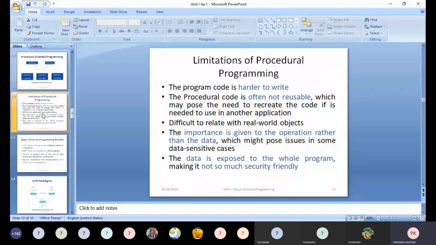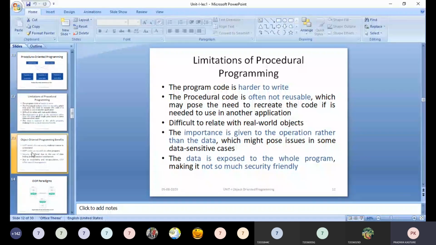That is again a problem. The next problem is that the data is exposed to the whole program, making it not very security friendly. These are all the limitations of procedural programming languages.